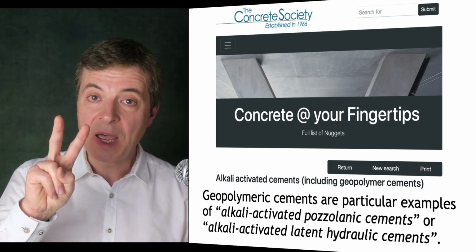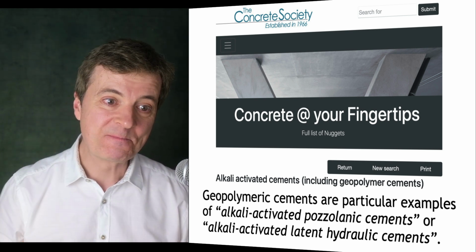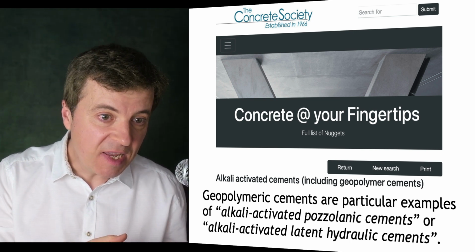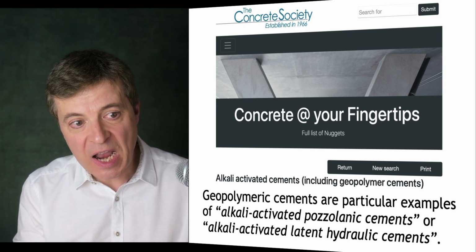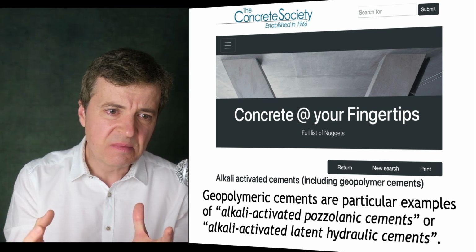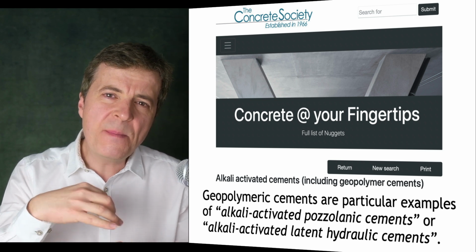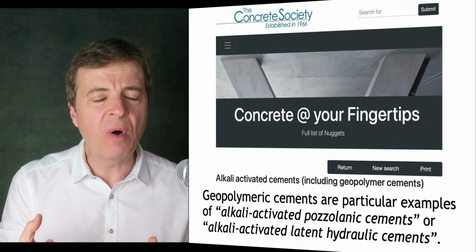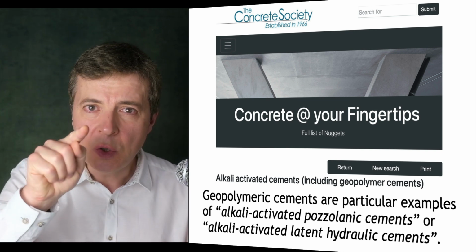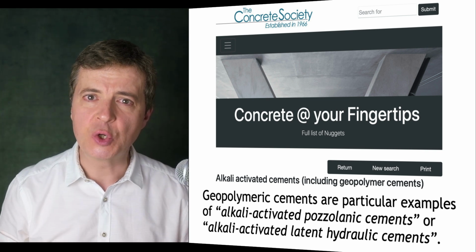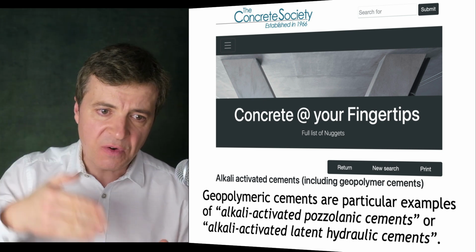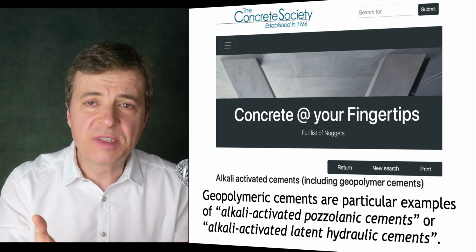And by giving two possibilities, being either a pozzolanic or a latent hydraulic cement, the geopolymer definition appears to be somewhat ambiguous, leaving room for interpretation. So you have to make a choice regarding which category it falls under, because they don't know.